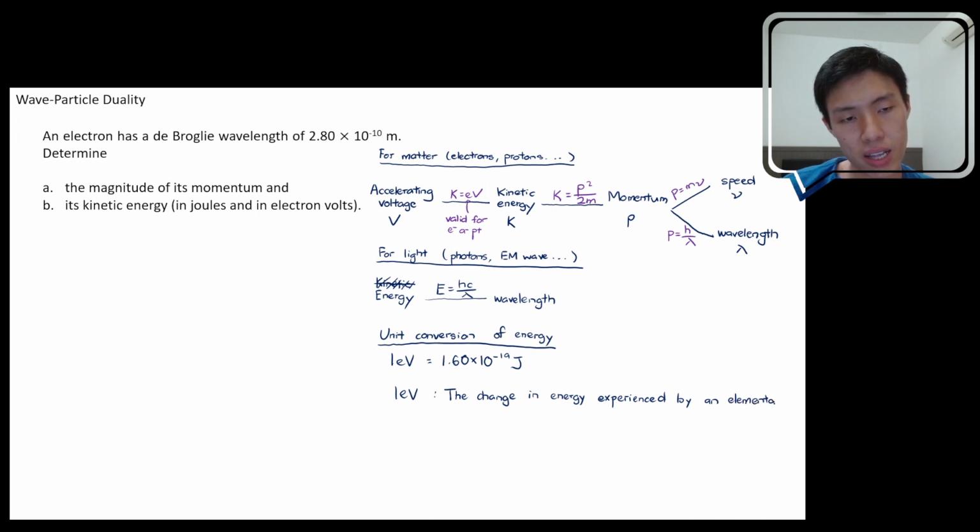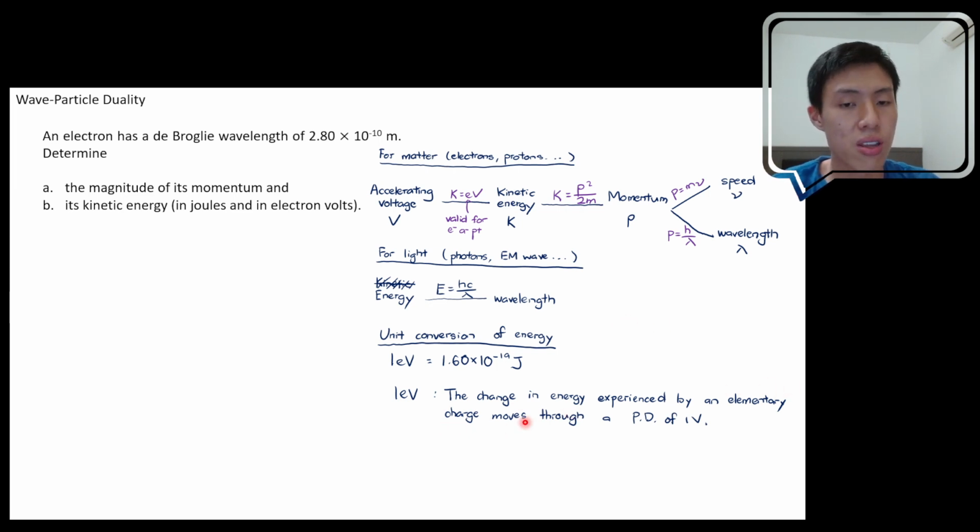But when an elementary charge moves through a potential difference of 1 volt, if you have one single elementary charge, let's say an electron, moving through a 1 volt potential difference, you'll be able to gain or lose this amount of energy.